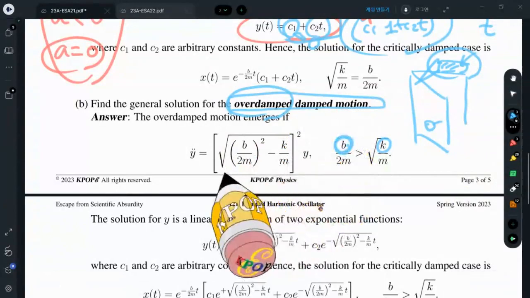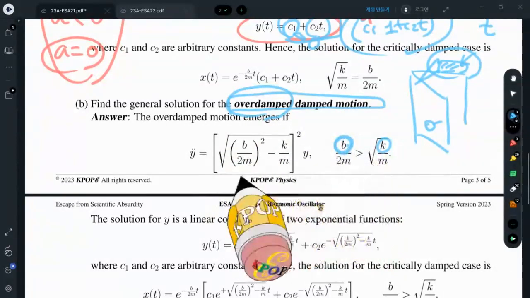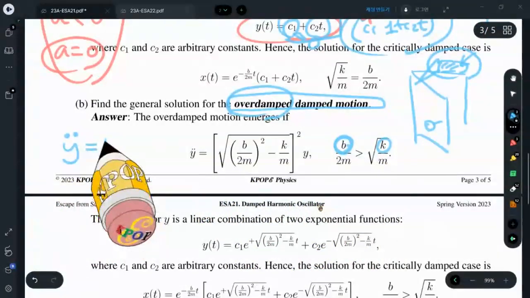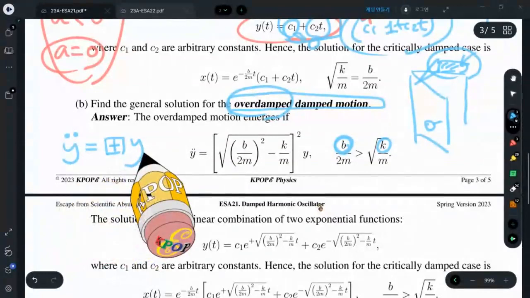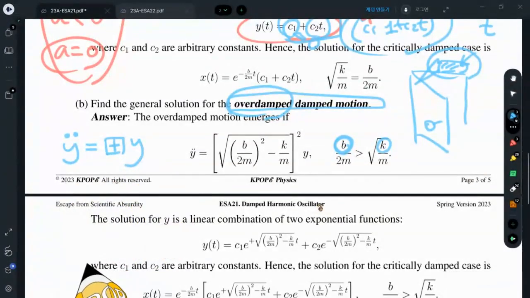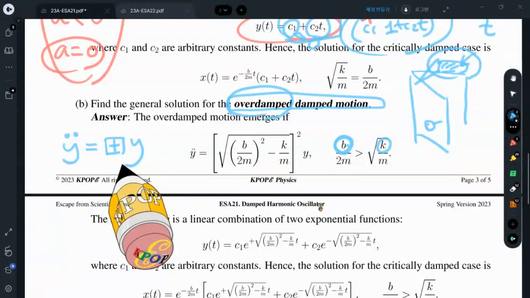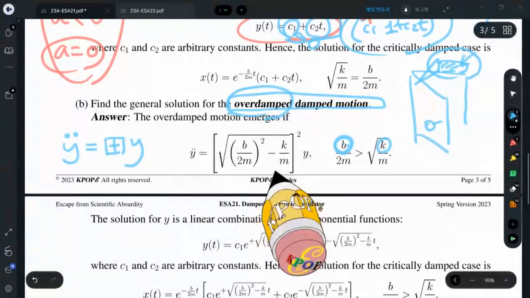In that case, whatever value it may be, if it is greater, then your answer is that the double derivative is proportional to a positive number times itself. Aha! It is nothing but the exponential function with the scaling factor of this.